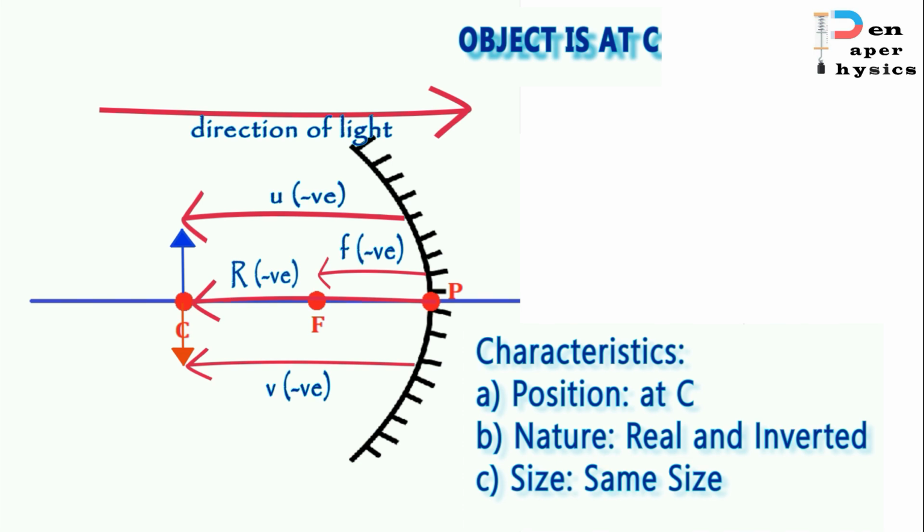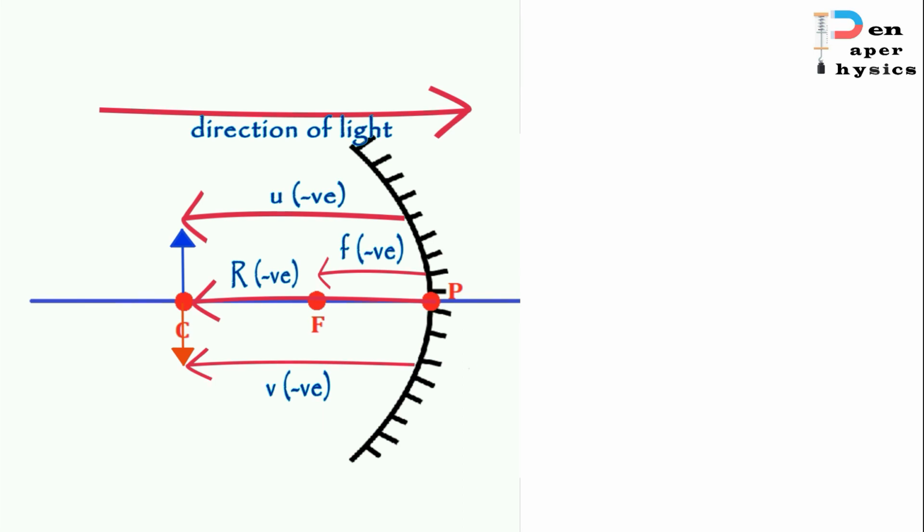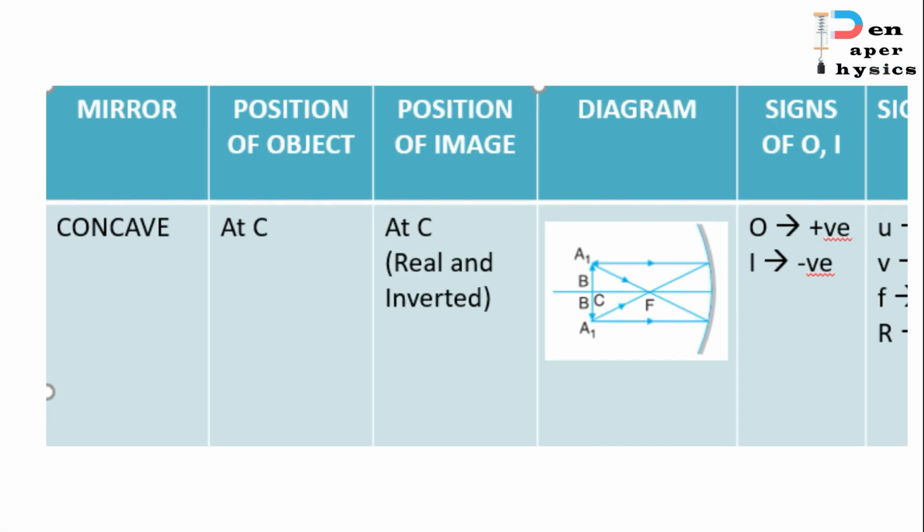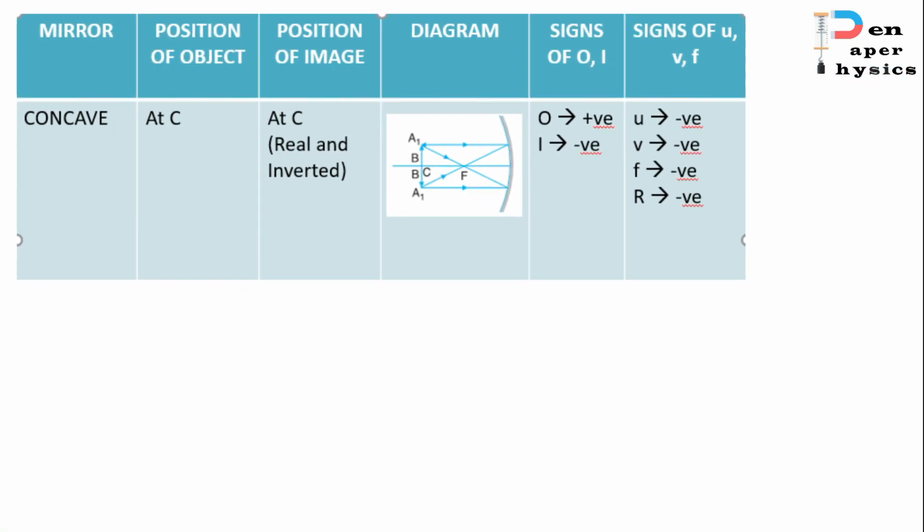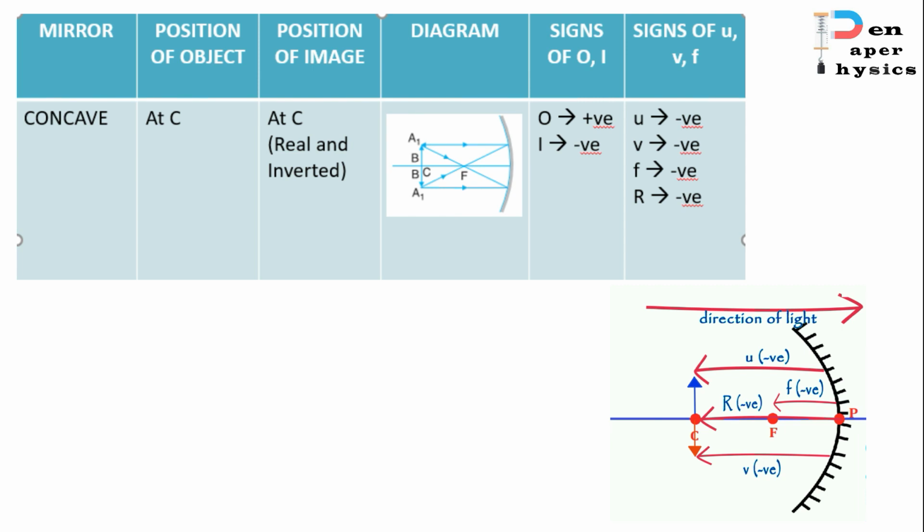The object is above the principal axis, so O is positive, and the image is below the principal axis, so I is negative. So we can conclude over here that O is positive, I is negative, and U, V, F, R, all of them are negative.